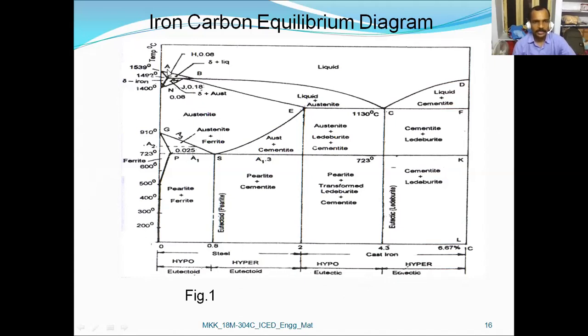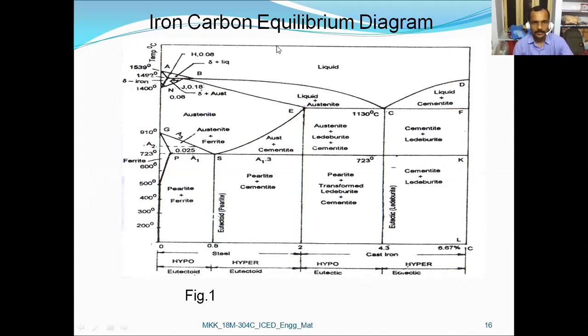Here we have capital A, B, C, D, E, F, G, then K, L, M, N, O, P, R, P, S. So these are the different letters given. Let us see the different combinations.